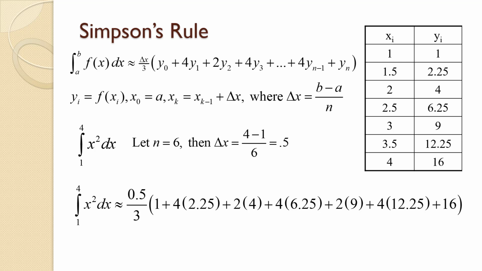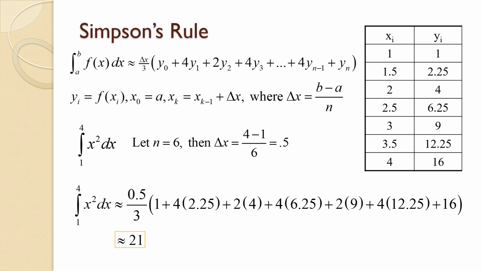That then oscillates 4 times something, 2 times something, 4 times something, 2 times something, till eventually you end with 4 times something, and then lastly, you add the very last y value. If you do that arithmetic, you get 21. So you would say then the definite integral of x squared with respect to x, as x goes from 1 to 4, is approximately 21.